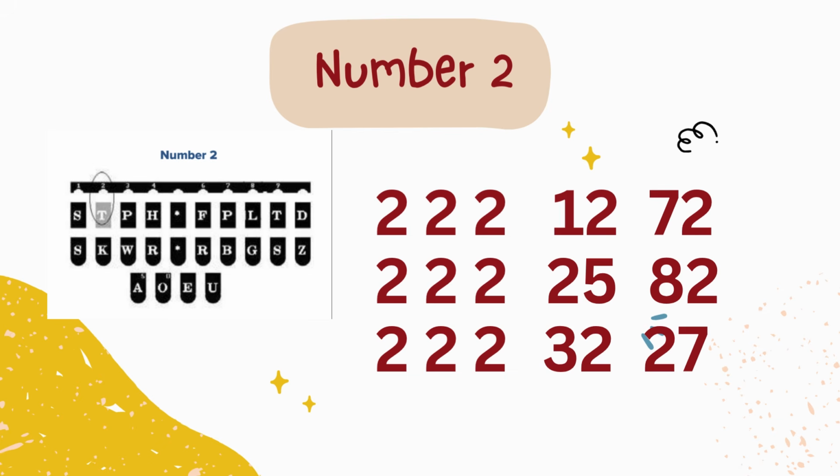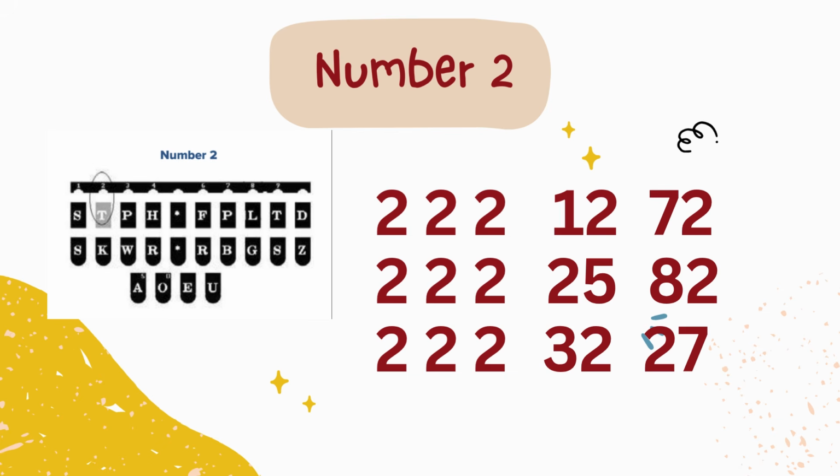Now let's proceed to two digits. We have 12, 25, 32, 72, 82, and 27. We can identify which of these numbers are one stroke only and which are two strokes. If the first digit is less than the second digit, then we can have one stroke.